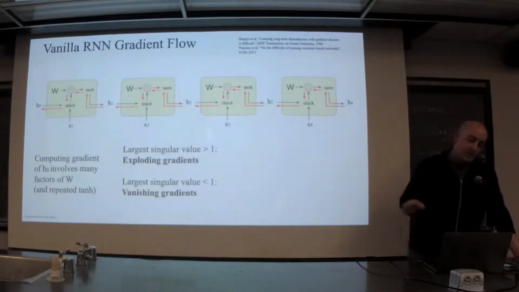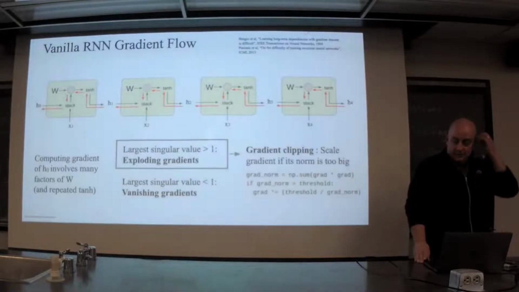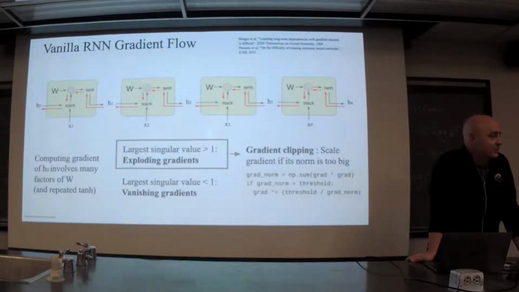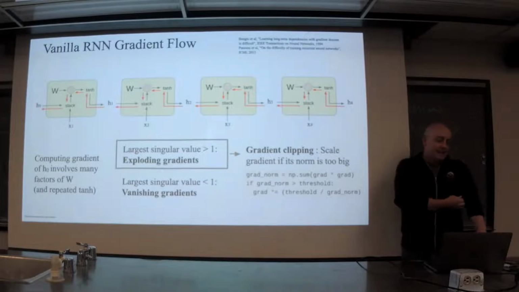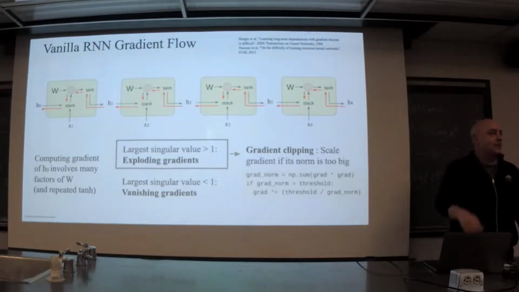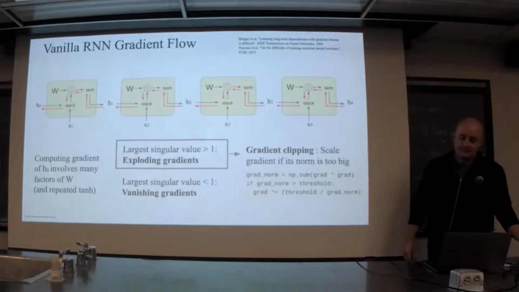This is super common in practical neural network training. With exploding gradients, you often just clip them. You just say you can't be larger than a certain size. It feels not good because it's a weird ad hoc thing that you're throwing on there, but it's practical and it tends to work.